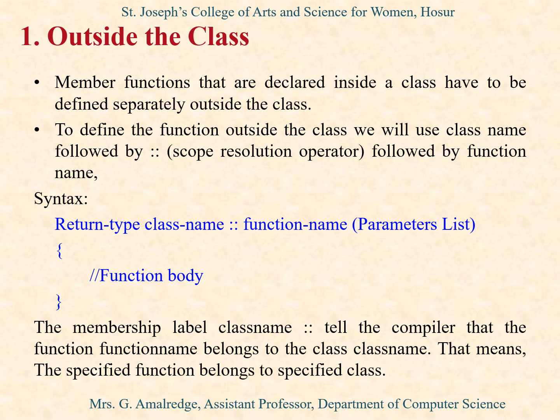The membership label, class name and scope resolution operator, tell the compiler that the function name belongs to the class name. That means the specified function belongs to the specified class.